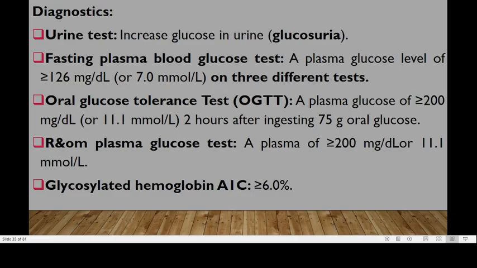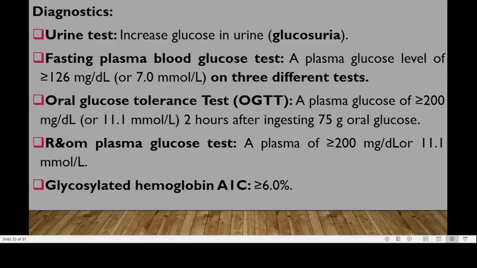We could also do the oral glucose tolerance test, or GTT, where a plasma glucose of more than 200 milligrams per deciliter or 11.1 millimoles per liter after 2 hours of ingesting 75 grams of oral glucose could be suggestive of diabetes.